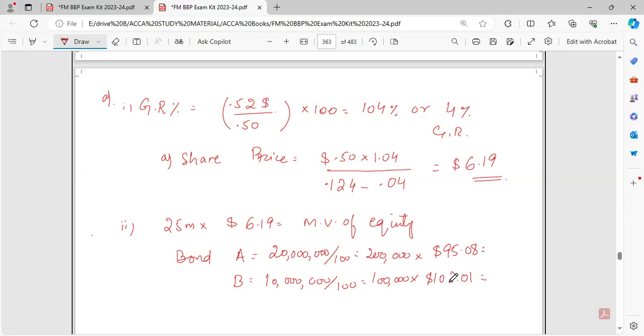So 200,000 into 95.08, 19 million. So add the value of that.